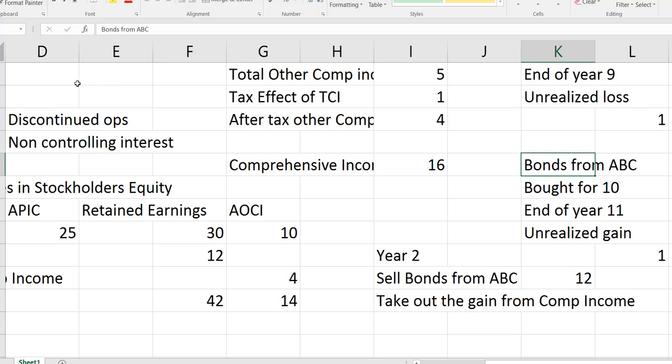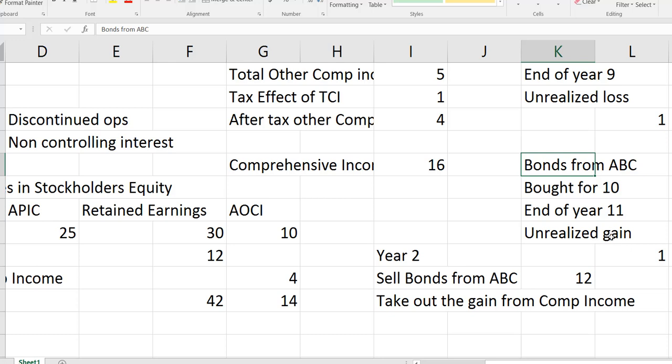Now we first thought as well it should be on the income statement, but in this situation these bonds are going to be held for a foreseeable future. They're what's classified as available for sale. Which means when we have this unrealized gain, and remember we record this gain by debiting the bonds or an allowance account on the balance sheet.